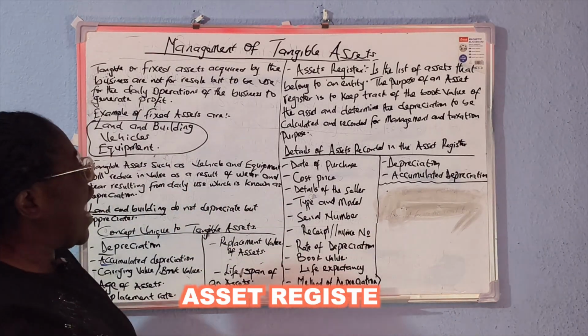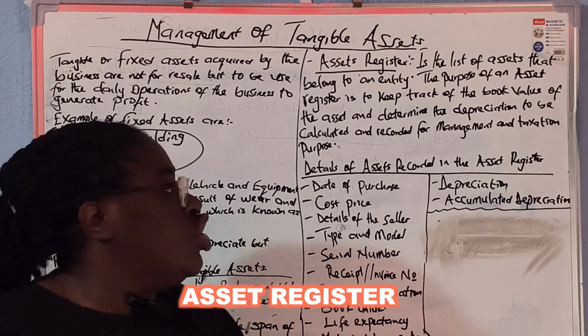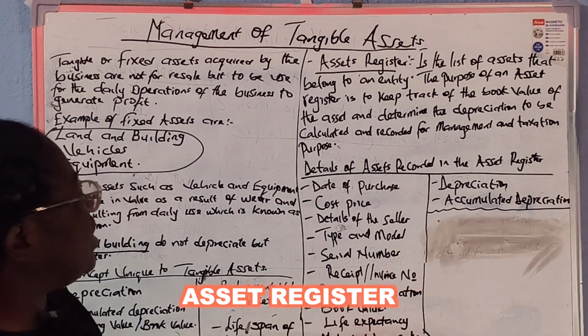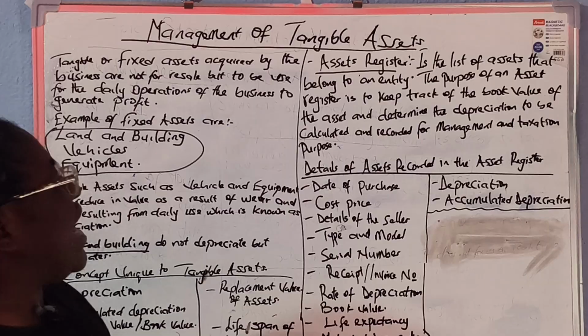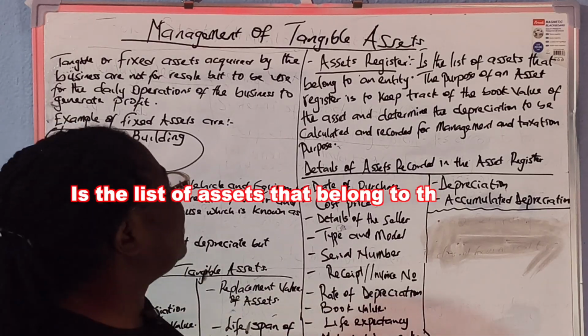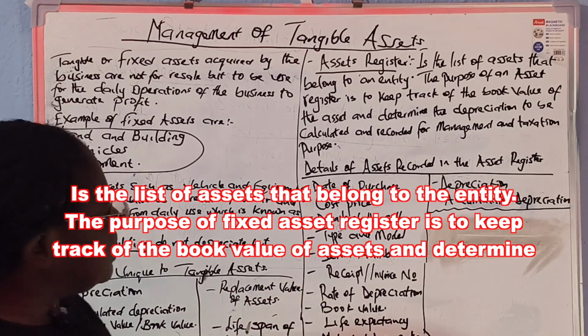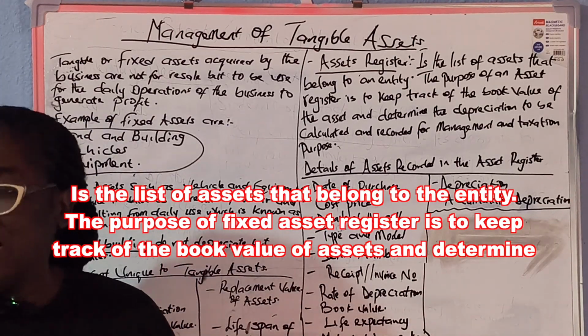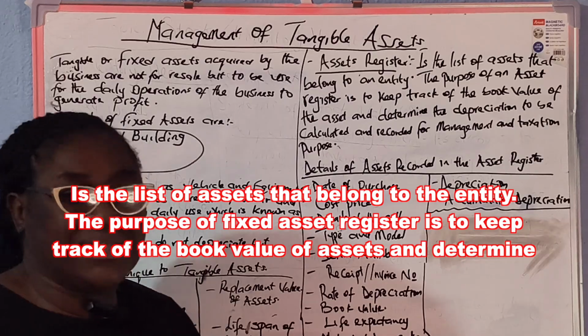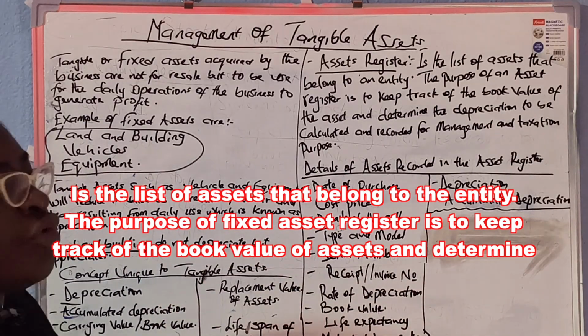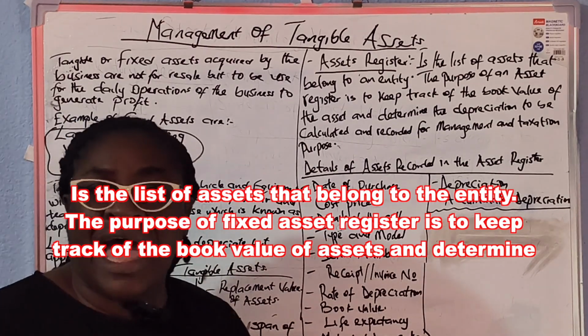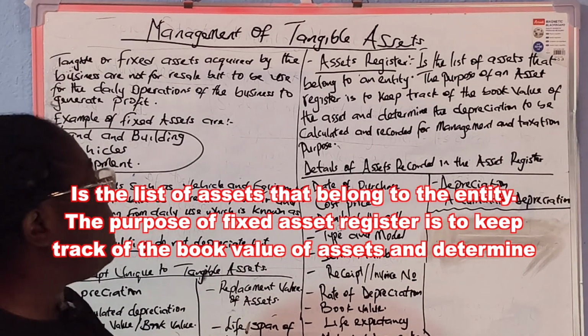Asset register. I am trying to lay a foundation today. What is an asset register? It is the list of assets that belong to a business or an entity. The reason for an asset register is accountability.